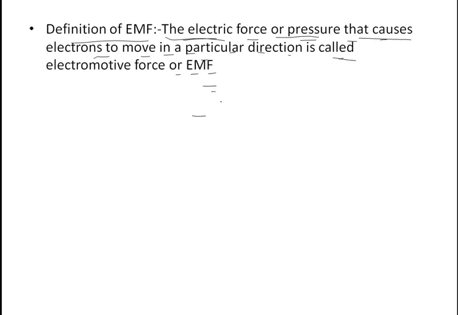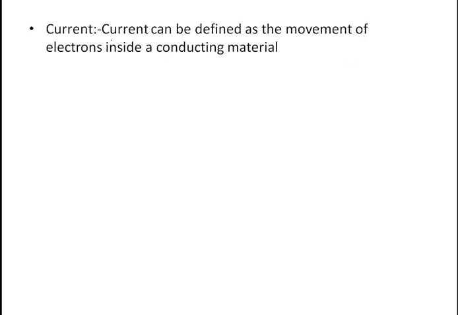Now we will move to the definition of current. We all know that current can be defined as the movement of electrons inside the conducting material. The current caused due to the flow of electrons is known as electronic current, and the electronic current flows from the negative end of the battery to the positive end. Now I will also draw a diagram over here for electronic current.